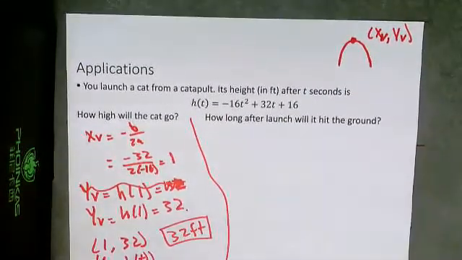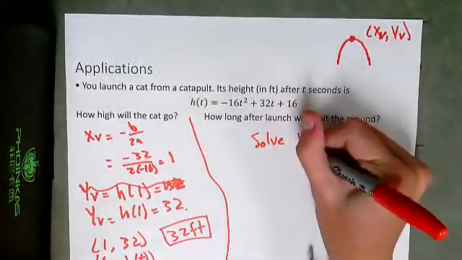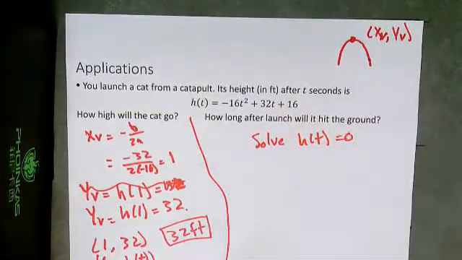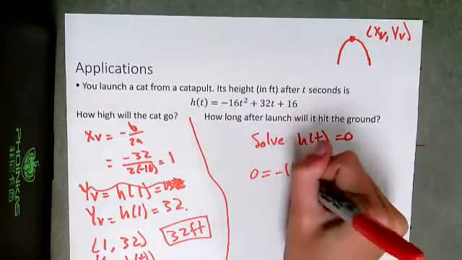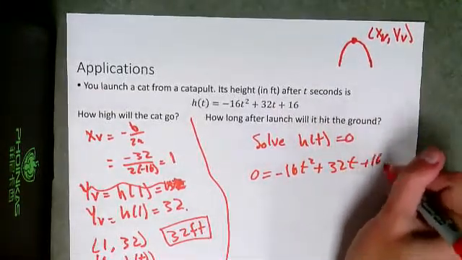Okay, how long after launch will it hit the ground? Well, this is when we solve for h of t equals 0, when the height equals 0, right? So 0 is equal to negative 16t squared plus 32t plus 16.